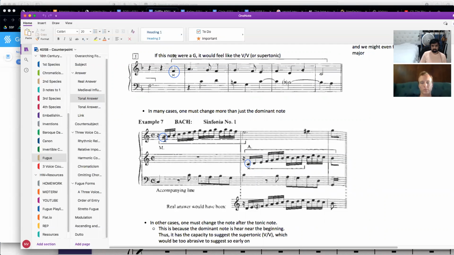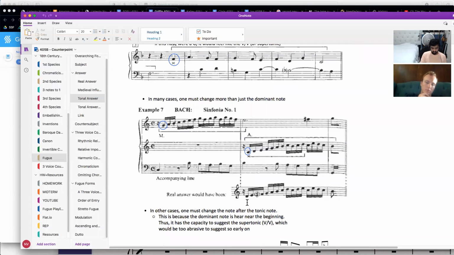And then it shows you what the real answer would have been. And if it were a real answer, it'd be, but then what it does is actually change a lot of the notes.